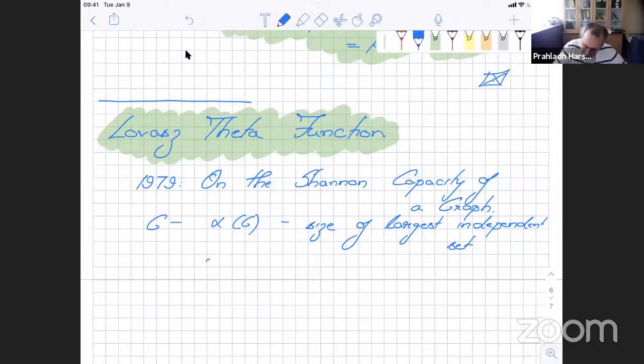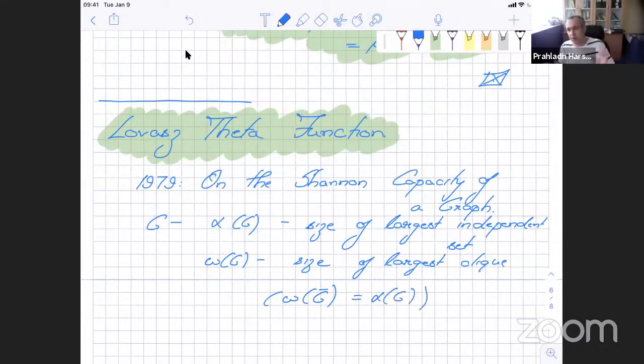The other is omega of G, which is the size of the largest clique. And notice that omega of G complement is exactly equal to alpha of G. Therefore, I will not talk about clique number at all. I'll just talk about independent set because I can go over the complement graph.